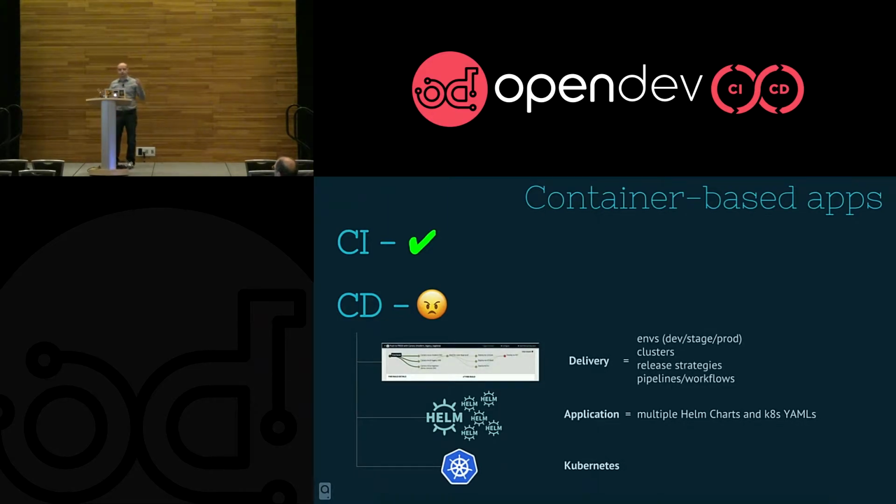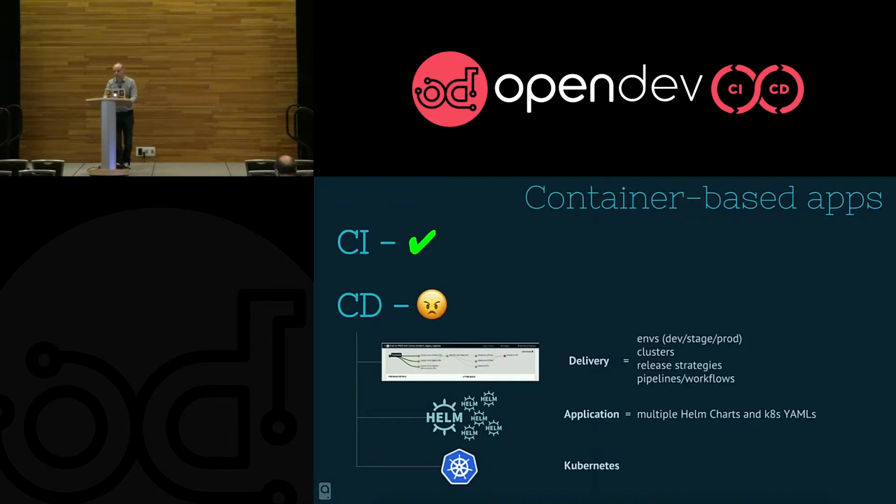You saw Spinnaker in the previous presentation. You can have Concourse, you can have Jenkins pipelines, you can have Go CD. It's a matter of your preference, whether you want this functionality or that, whether you want YAML or Groovy, and things like that. So that's the typical stack that you will see today: container orchestration, component building blocks, and delivery pipelines and workflows.